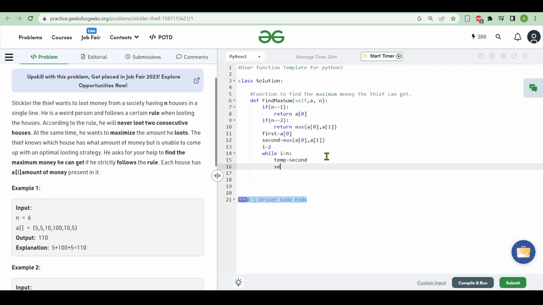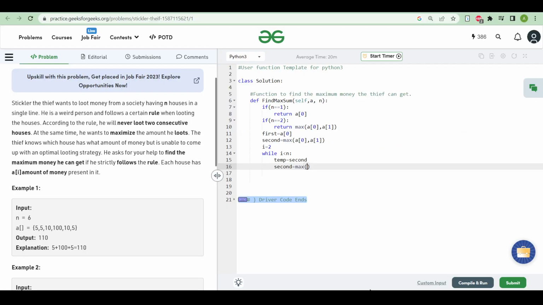So I will update it, and I don't want to lose its value, so I have put it into a temporary variable temp. And for the current house, I will calculate the maximum money that can be looted till this house by using this max function.